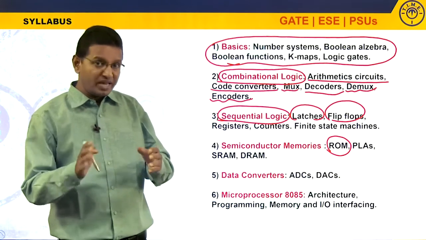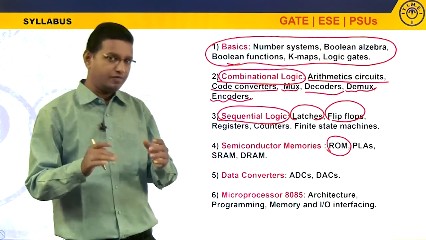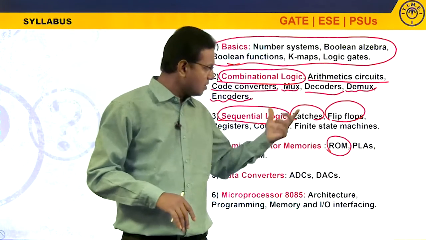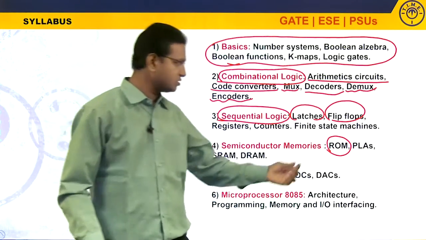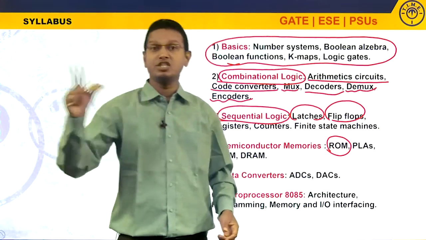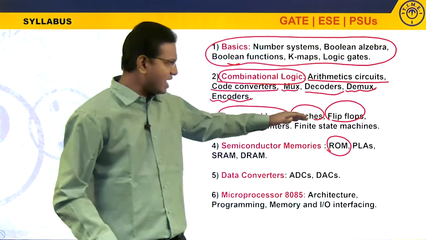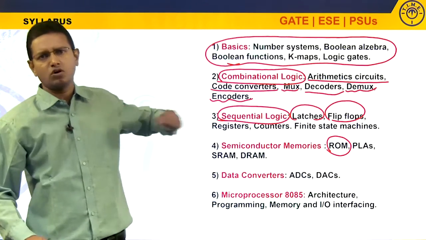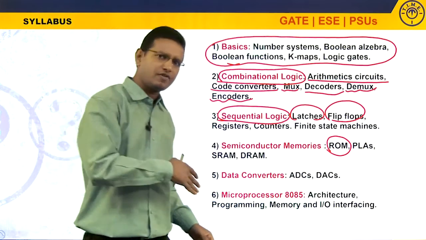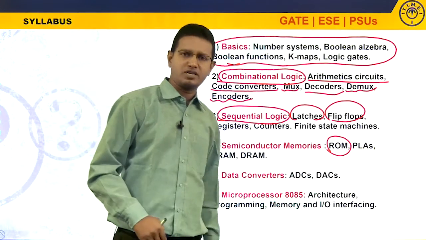Now the main difference comes in the triggering. Latches are level triggered devices, whereas flip-flops are edge triggered devices. If latches work for high levels, they are called high level triggered latches, and if they work for low levels, they are called low level triggered.